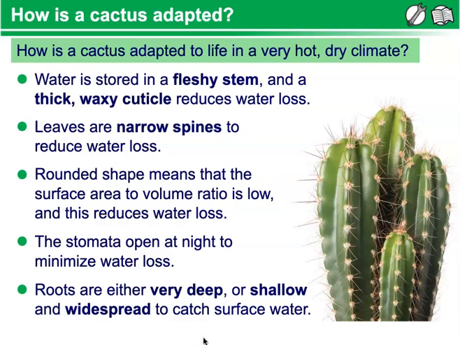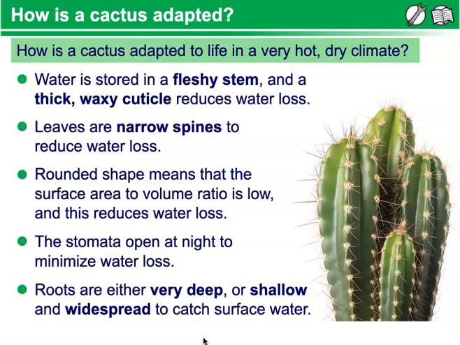If their leaves were broad and flat, like many of the leaves on the deciduous trees where we live, they would exchange a lot more water with the environment. So having narrow spines helps to reduce that water loss. A rounded shape means that the surface area to volume ratio is very low. This also reduces water loss. The stomata open at night to minimize water loss.